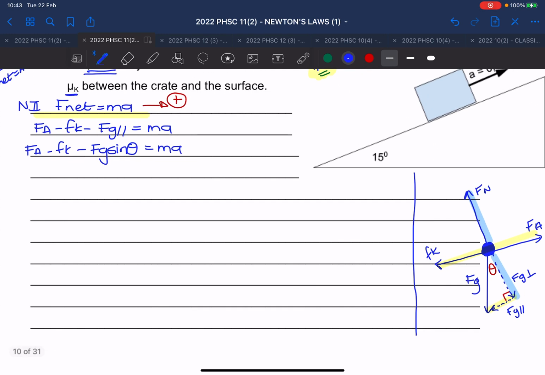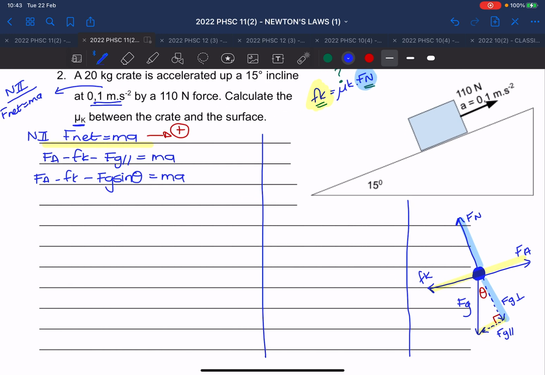Okay, now I'm going to substitute, put in values. FA that they gave me is 110. FK is what I want to determine. FG is the mass times 9.8.